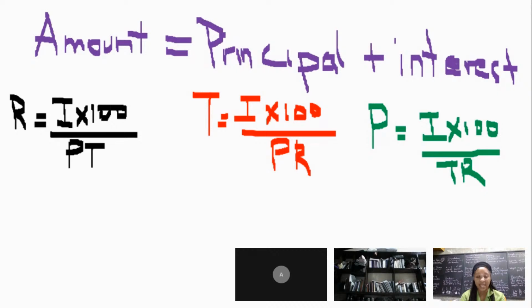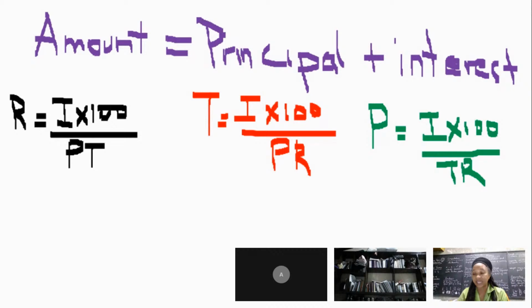What Asar is saying is that he notices that in all the formulas, it starts with interest times 100, and then depending on the variable that we want to find, the other two are at the bottom in the denominator.